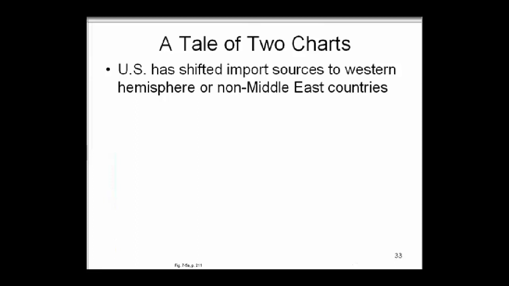And it's important to note that over the last decade or two, the United States has attempted to reduce its dependence on Middle Eastern countries by importing more oil from Western Hemisphere countries. And we'll look at the sources of that later on.